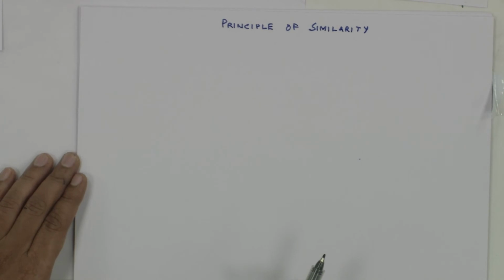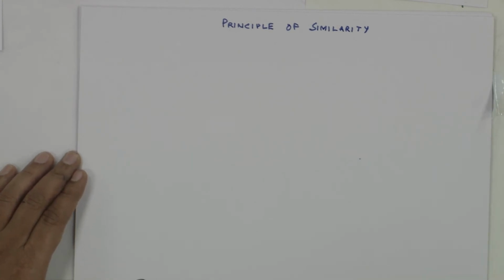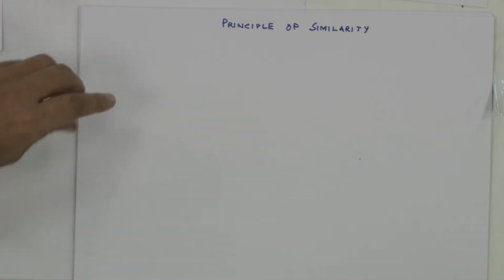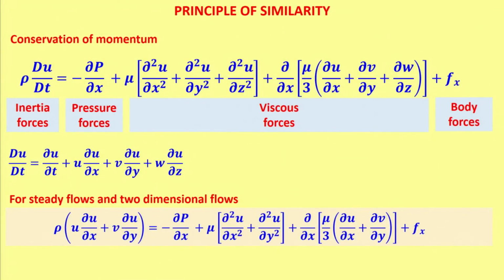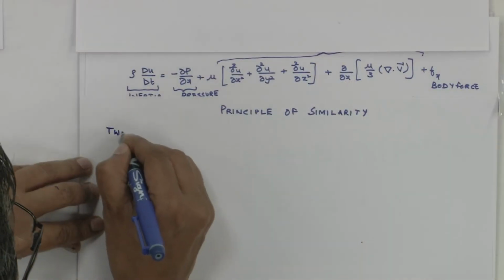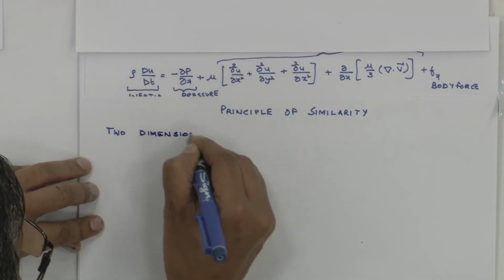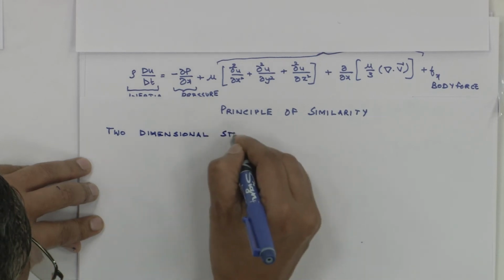Principle of similarity. Here we shall write for steady and 2-dimensional flows. We write the momentum equation only for the x momentum, for 2-dimensional steady flows.